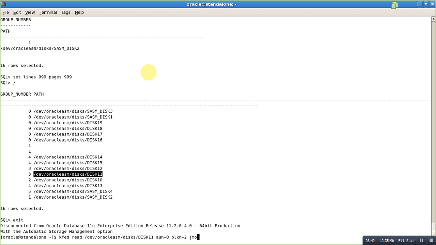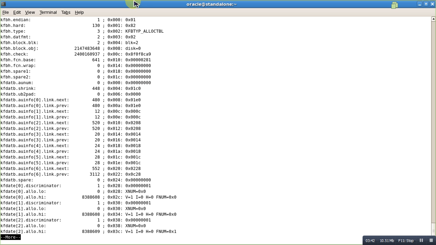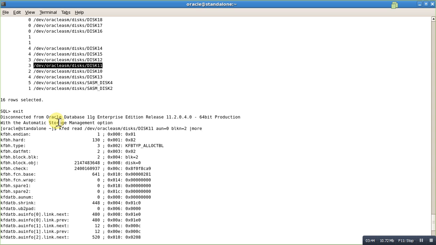So I'd like to move it. This is the block which says that it's metadata. This block is used to store the metadata information, and this block belongs to the allocation table.